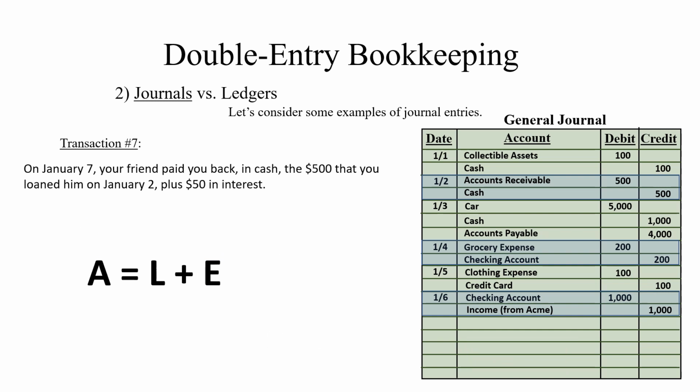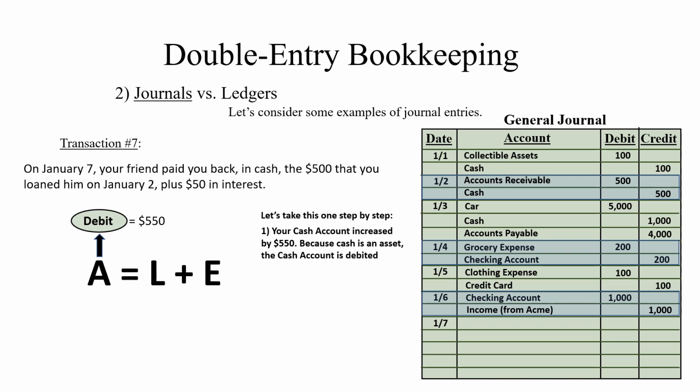Transaction number 7. On January 7th, your friend paid you back in cash the $500 that you loaned him on January 2nd, plus $50 in interest. Just like the transaction on January 3rd, this is a compound transaction. As in that transaction, one account will be debited and two will be credited. Let's take this transaction one step at a time.